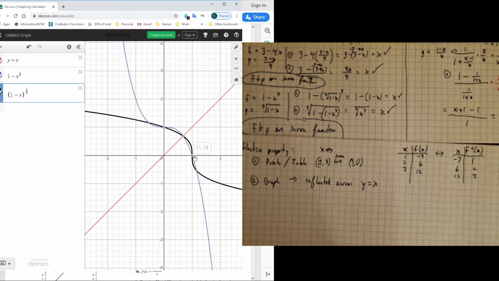So if I go over to negative 1.442. I lost it.